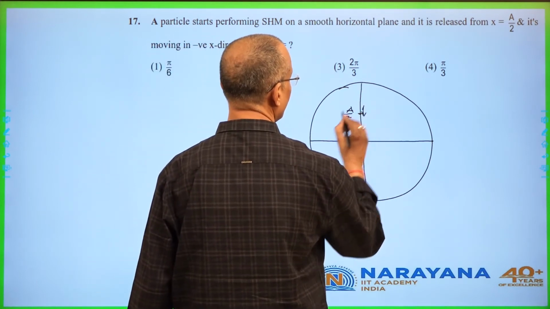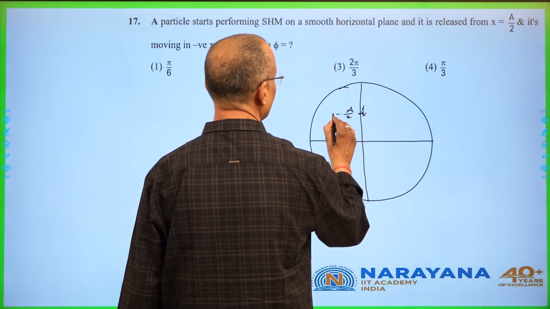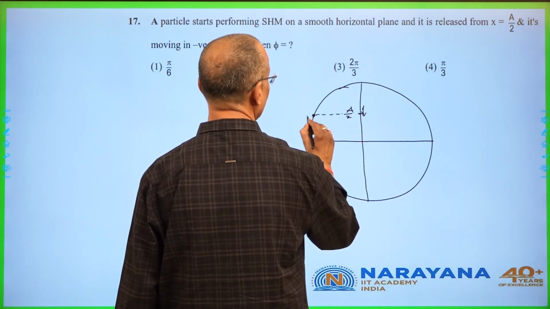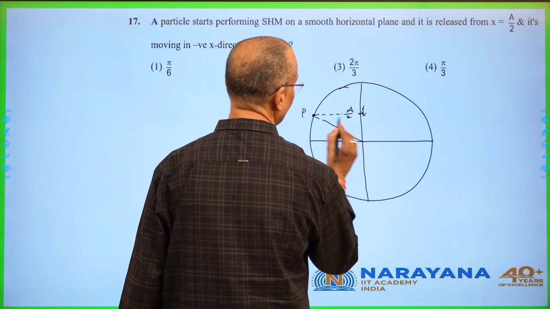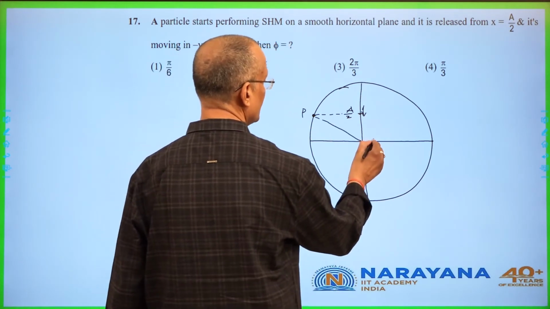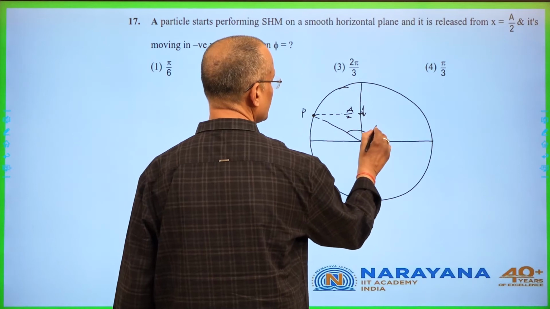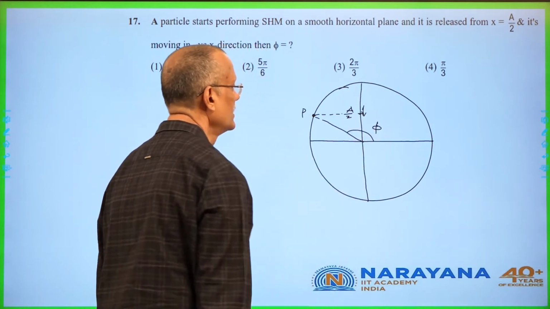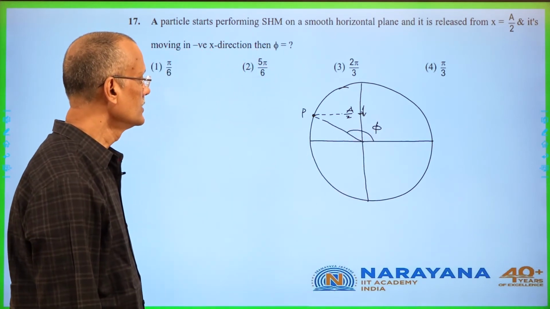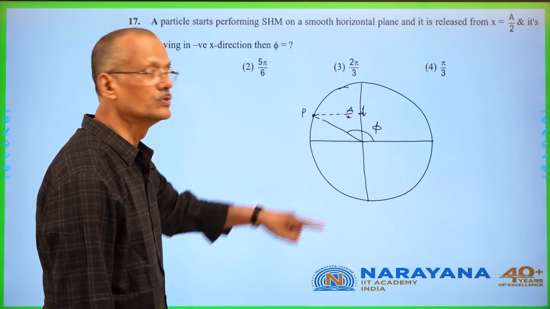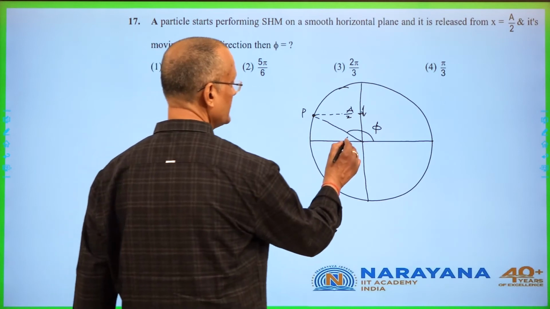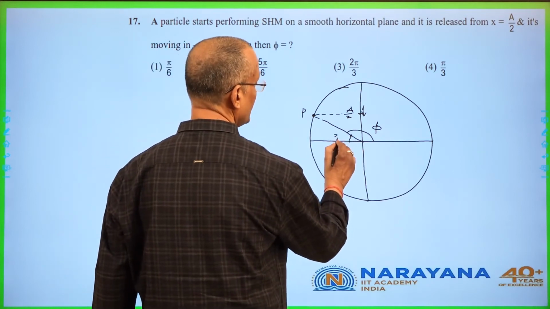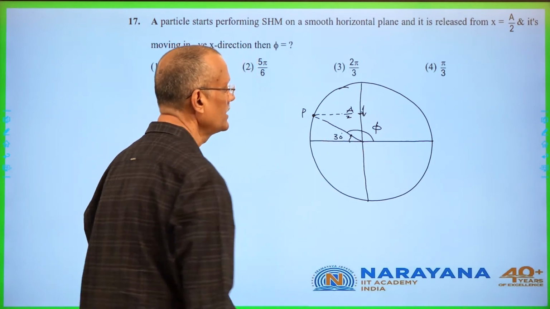If you take negative x direction, then rotating vector will be here, P. So if you take phase difference, then this angle is phi. Clear to you? Now it is a by 2. 1 by 2, 30 degree, sine theta. So this angle is 30 degree.